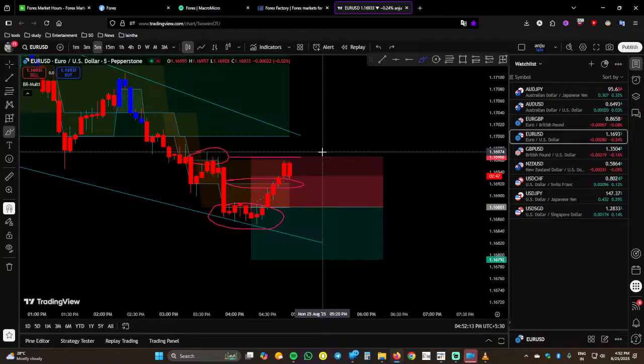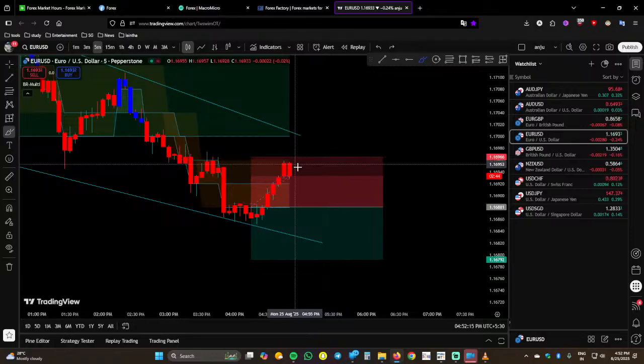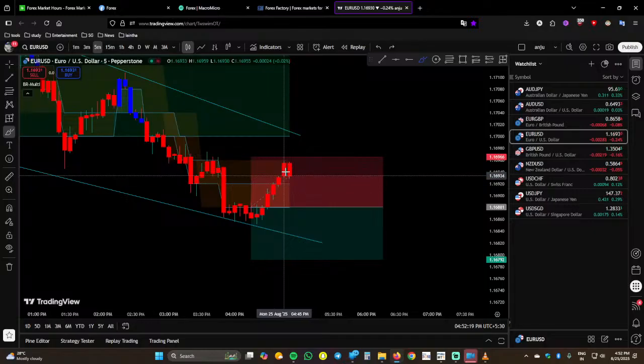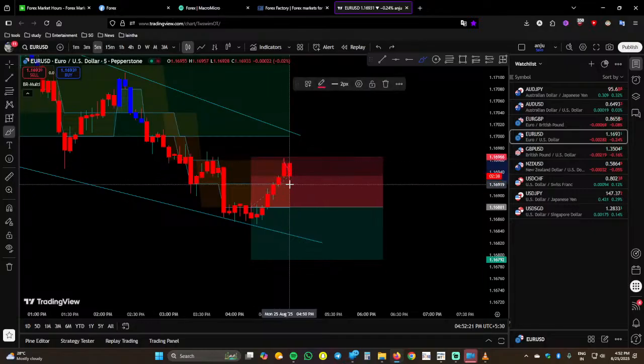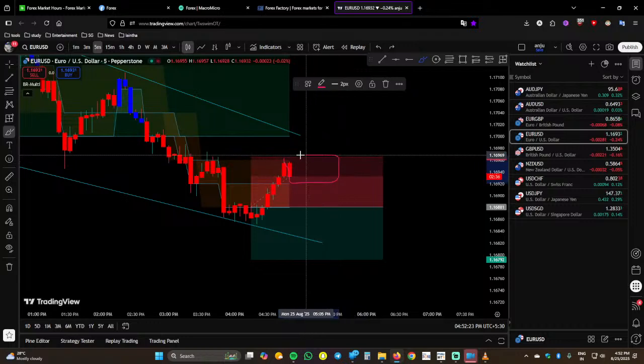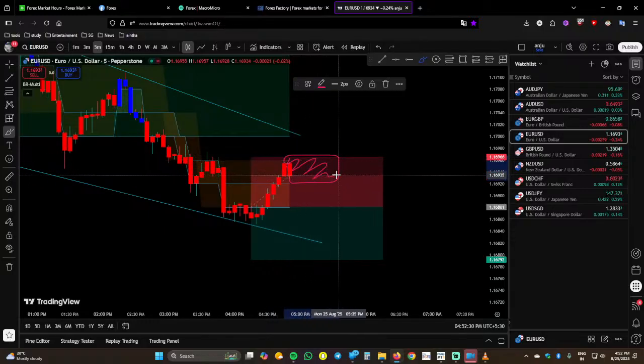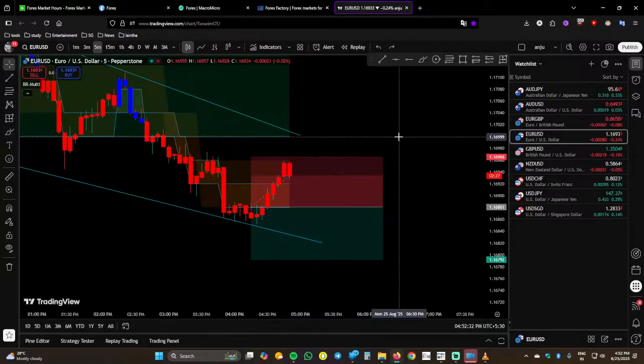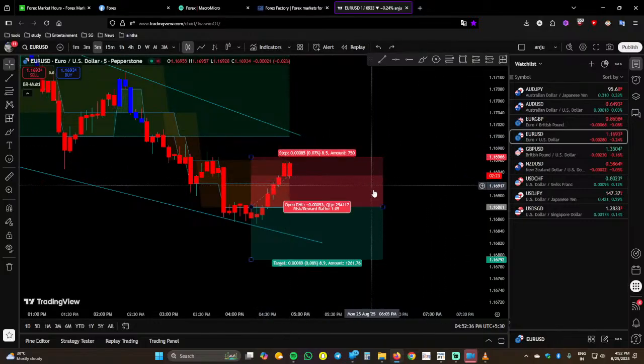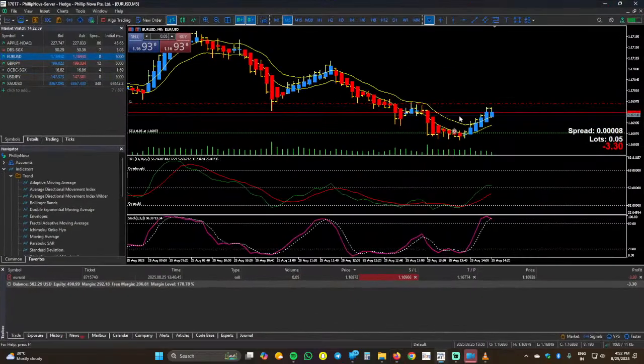But if it does break, as I said before, this trade will become invalid because we'll be forming a new Renko box at this level. This box will be bullish. So this trade will be invalid if it breaks this stop level. At that point of time, we will be stopped out. That's how it will work.